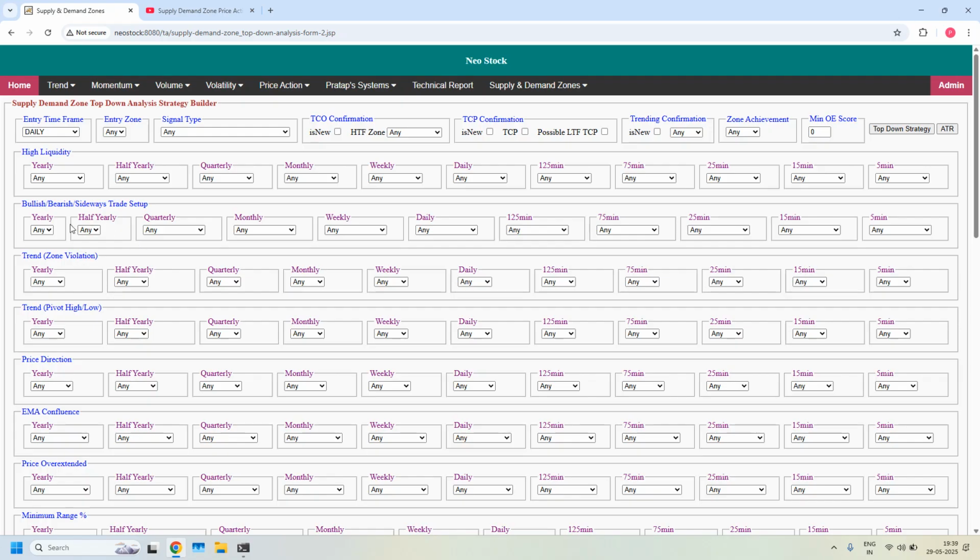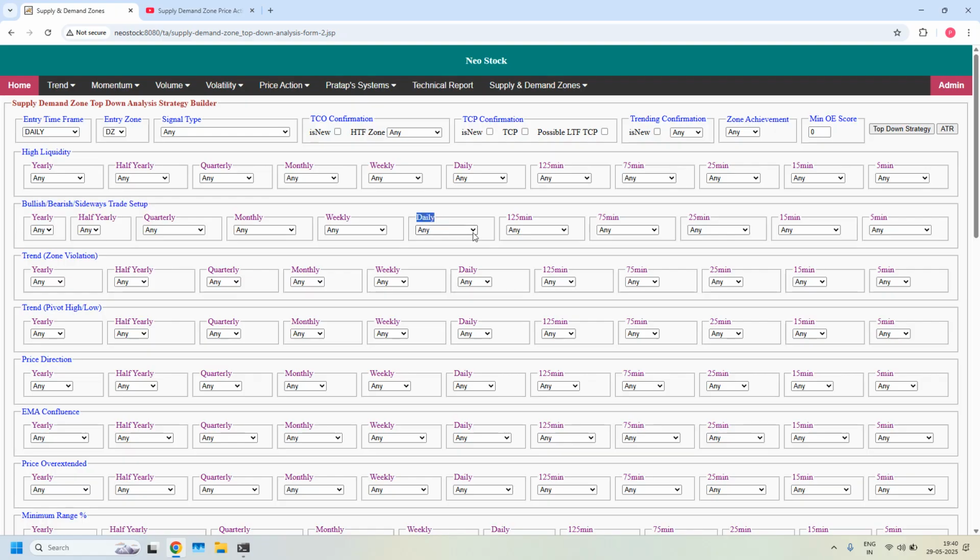Okay, here first I am going to generate monthly income trade sideways long trade setup. For monthly income trade, you already learned the entry time frame is daily. For bullish or long trade setups, the entry zone should be demand zone, because this is the area where you should plan your long trades. And also in bullish, bearish or sideways trade setup, the entry time frame is daily, right?